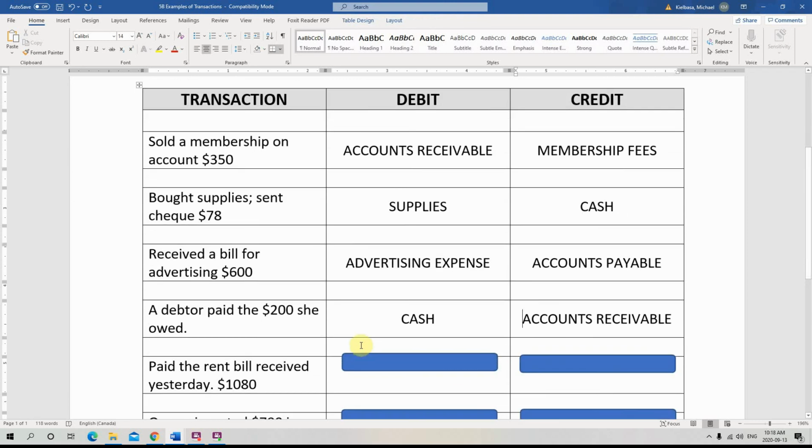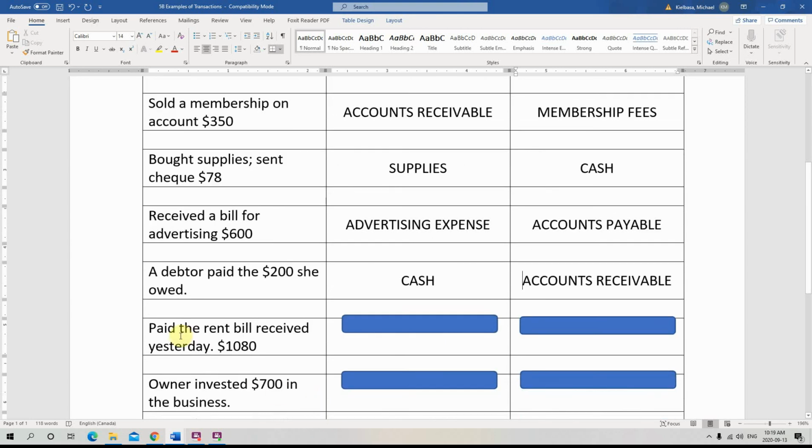All right, next one. Now, no revenue is recorded here because I didn't sell a membership that day. She's just paying what she owes.